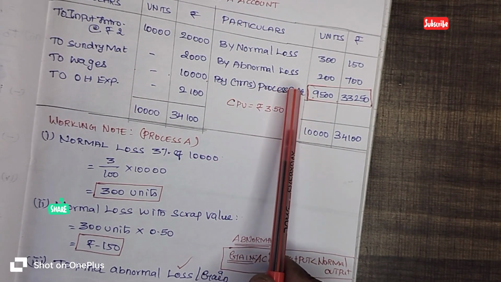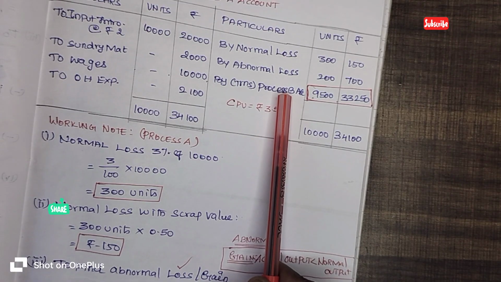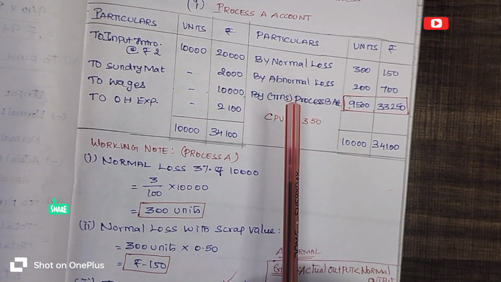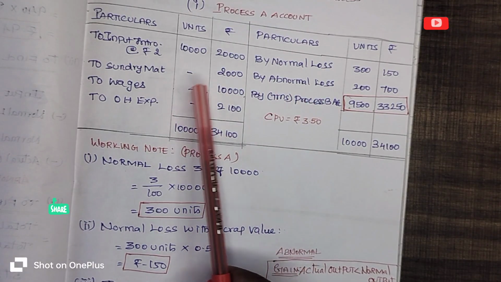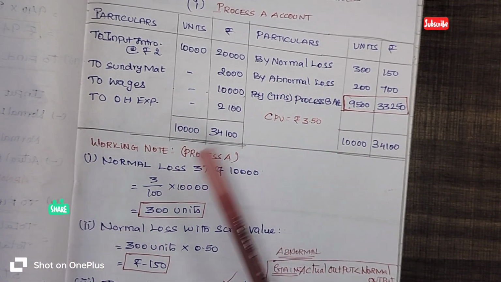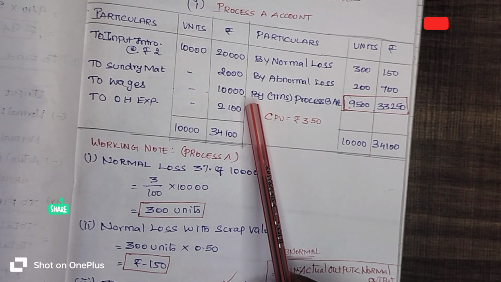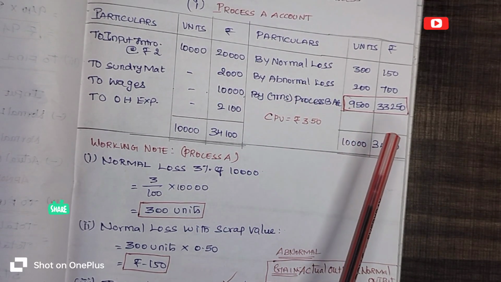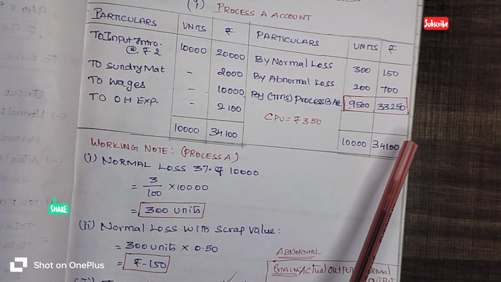Why do you write the process B account? Because we have two processes in the question, process A and process B. The output of process A will be transferred to process B as the input value. So for that you write by process B account, which will be transferred to the next process account as the input value.